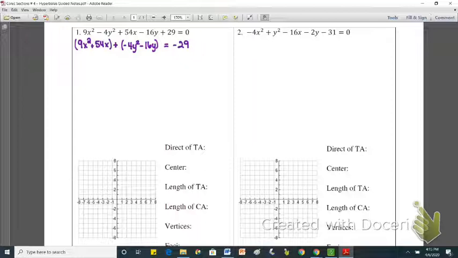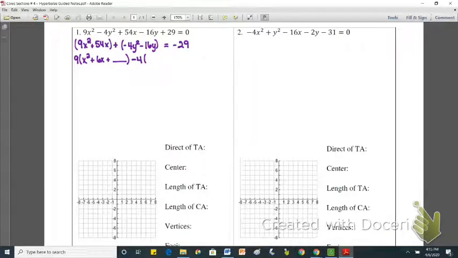So first thing I'm going to do is factor out what we have in common. So in the first parenthesis, I have a 9. So when I factor it out, I get x squared plus 6x plus blank. Now the next parenthesis, I have a negative 4y squared and a negative 16y. In order to complete the square, I must have a positive y squared. So I need to factor out a negative 4.